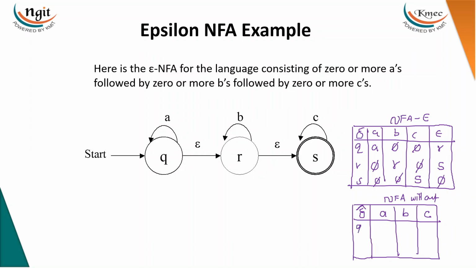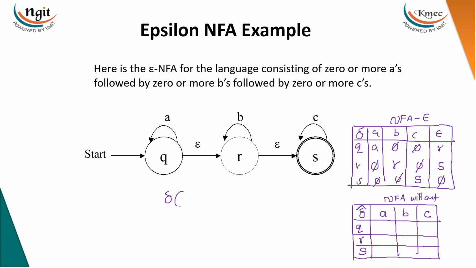Remember, while converting an NFA with epsilon moves to without epsilon moves, there is no change in the number of states. From NFA to DFA, if you have n states, in DFA you will have a maximum of 2 power n, but here there is no such concept. The number of states is the same. Here this is transition, this is extended.